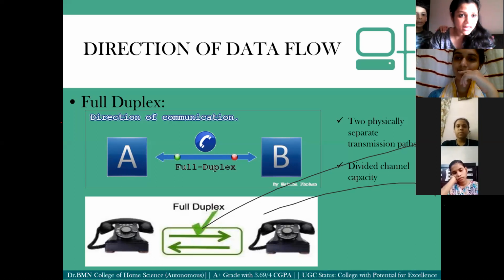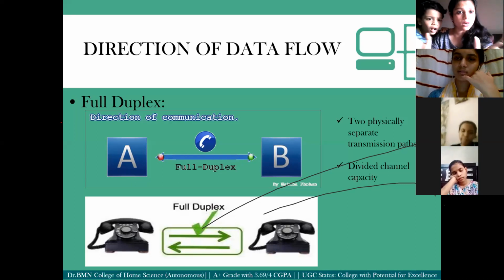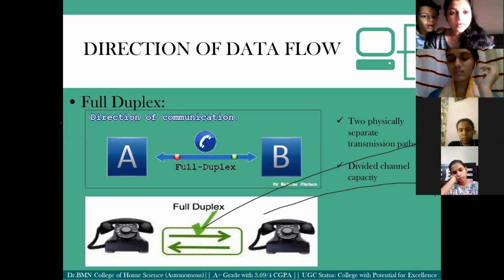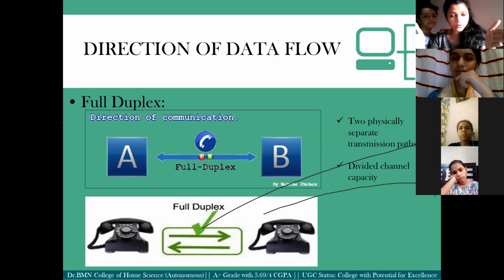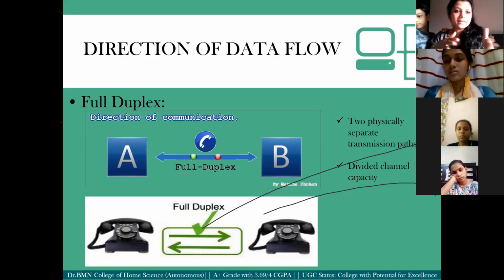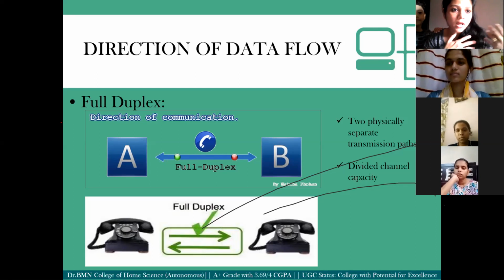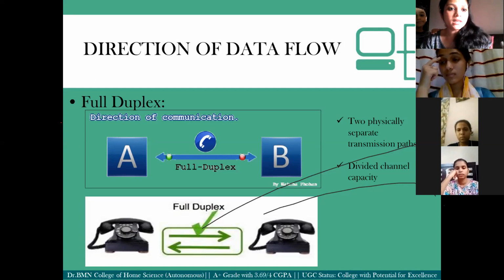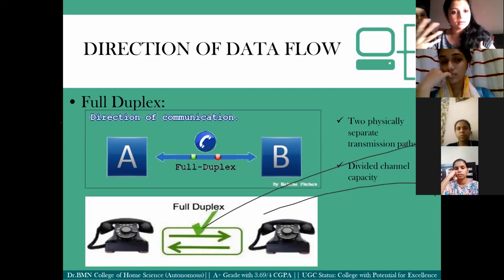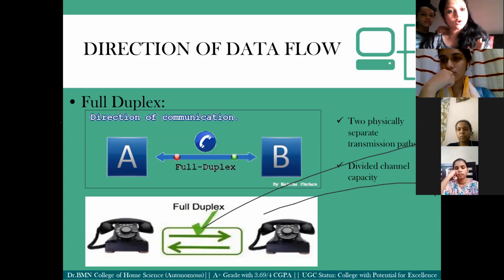When you put the divider, it looks as though there are two lanes. Also, there's one more case: you have a road of one width, and after so many years of traveling, the drivers have mutually decided that this much width will be used in going and this much width will be used in coming. That is divided channel capacity.